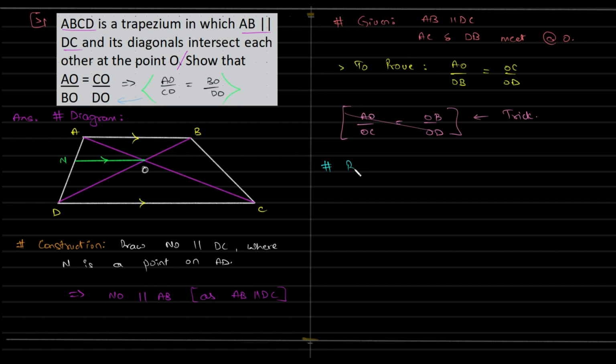Now we're looking at the proof. So we begin with, now you can pause and have a look. We want AO by OC. So which triangle should we consider? Remember that the triangle should also have the parallel sides, right? It's quite simple. We have to consider triangle ADC.